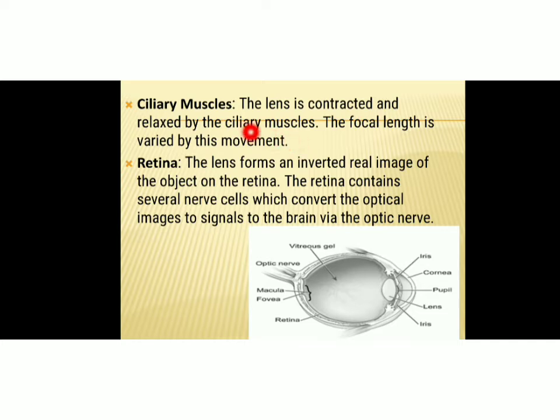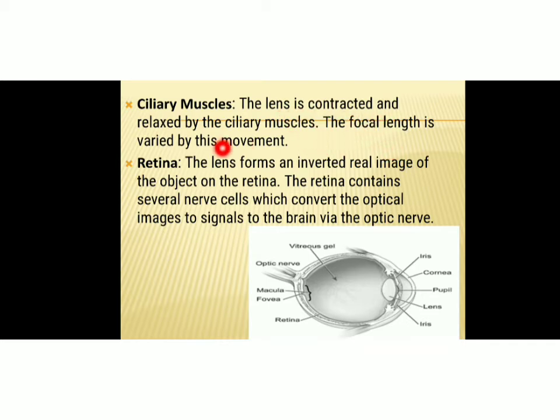Once again, whenever we focus on a distant object, ciliary muscles will relax, but whenever we focus on a nearby object, ciliary muscles will contract in order to adjust the focal length. So that is the function of the ciliary muscles.